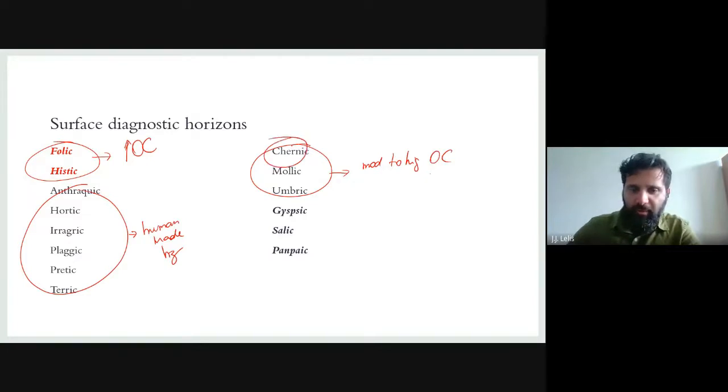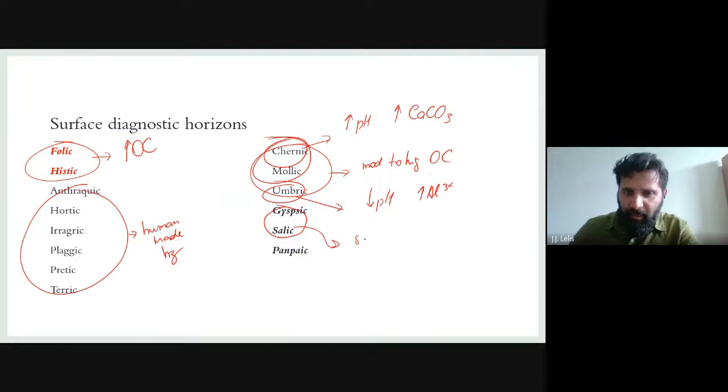These two are related to a high pH and high content of calcium carbonate. And we have this one that's related to a low pH and a high content of acids. We have these two that are related to a high content of salts, and this a buried horizon. So they are very different between them. Very, very different. It's quite easy to identify these differences.